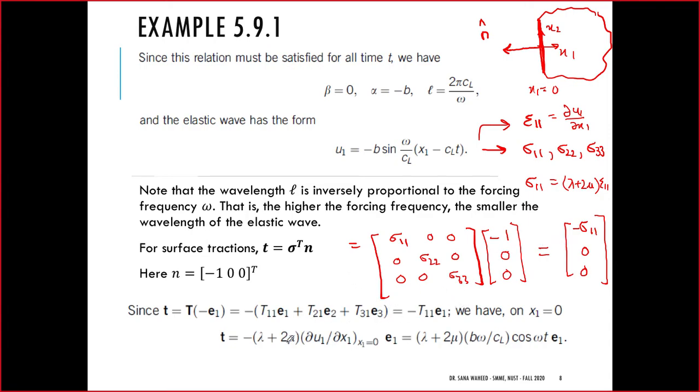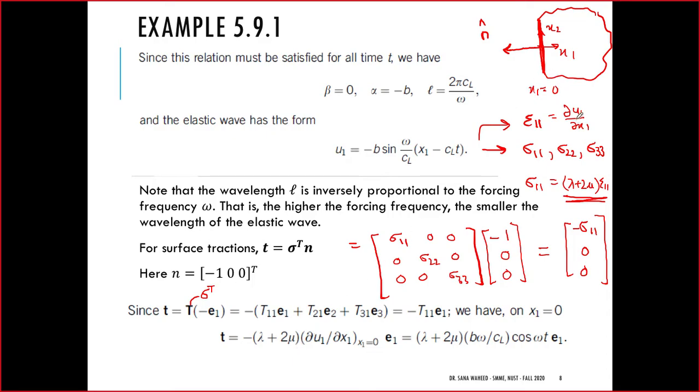Apologies for the t, this t here is just sigma transpose. As we discussed, sigma 1, 1 was lambda plus 2 mu epsilon 1, 1, and epsilon 1, 1 is del u1 by del x1. So just substituting all of this information right in here.